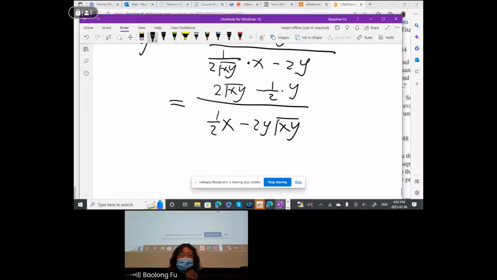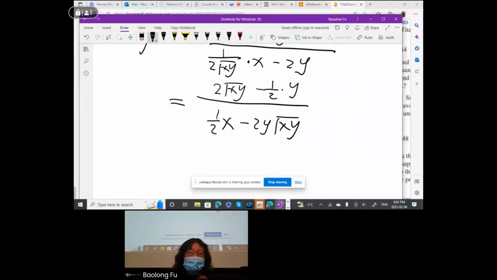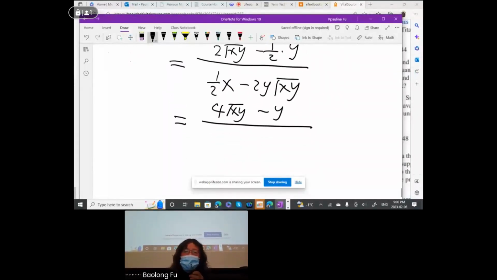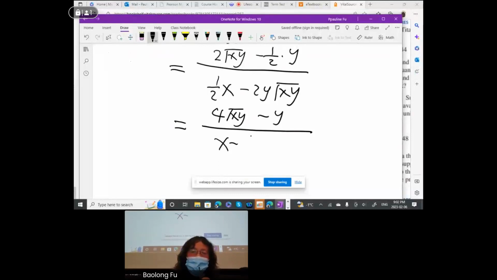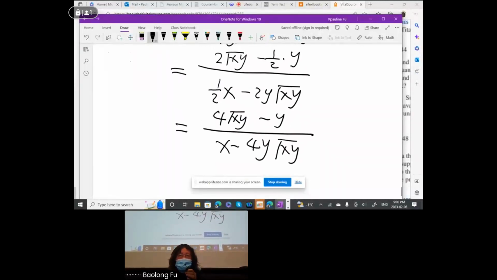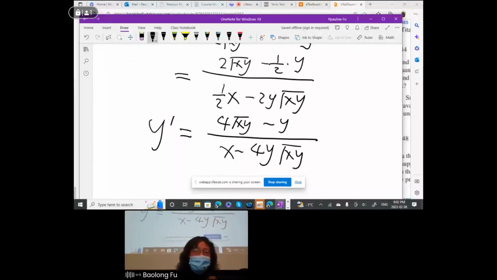And then both denominator and numerator I multiply by 2, just to simplify the rest of the work. So I believe this is the final result, in simplified form.